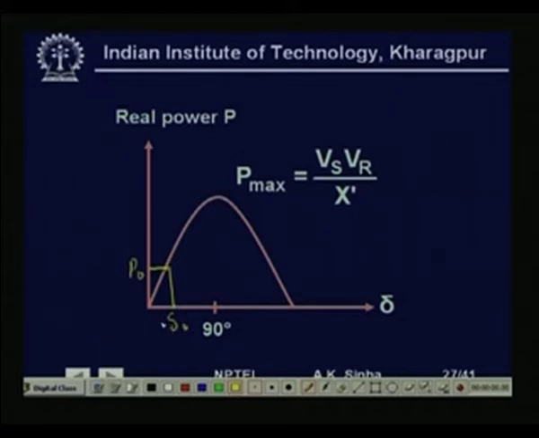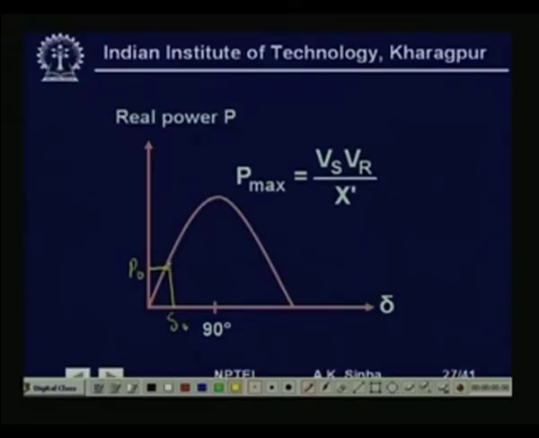Now, if we slowly start increasing the input to the machine, the machine output remains the same, the input has been increased. So it will experience some acceleration. Since it is synchronized, it cannot accelerate as such, the speed will not change much, but the delta angle will start increasing.